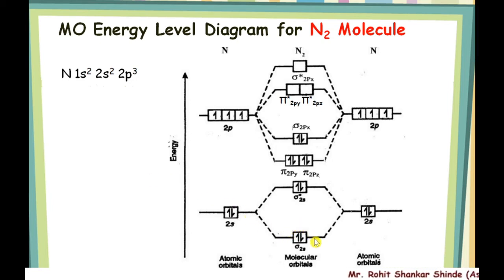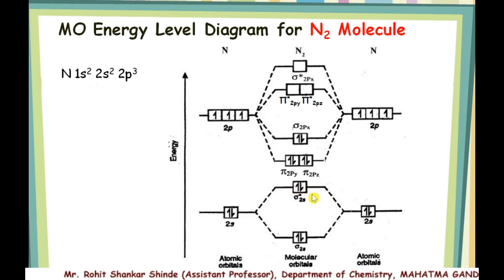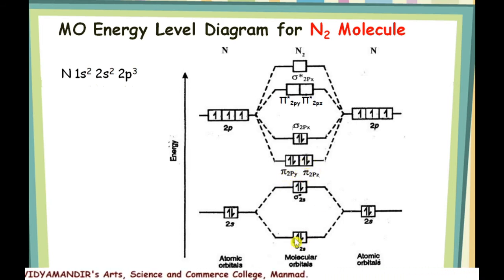Out of 10, first 2 electrons occupy sigma 2s, next 2 electrons occupy sigma star 2s, that is ABMO. Next 4 electrons occupy pi 2py and pi 2pz, and out of 10, 8 electrons we have already filled. Remaining 2 electrons go in sigma 2px. In this way, electrons are filled into the molecular orbitals.